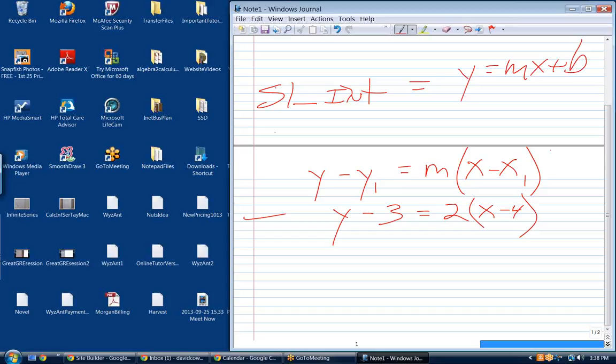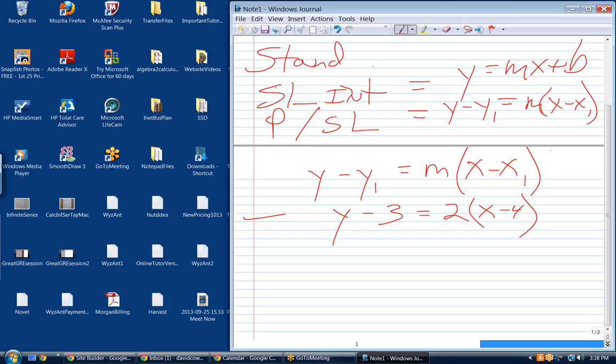And point-slope, which is this one down here, yeah. All right. And standard. What's standard? Ax plus By equals C.